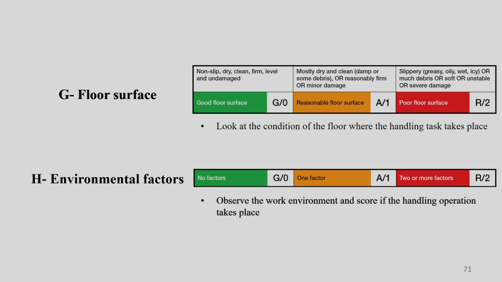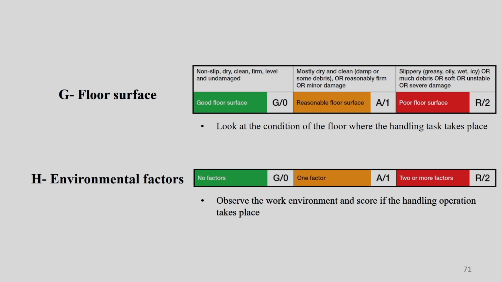Suppose you are in a construction area, a lot of debris is there, and standing on that they are doing some kind of load handling. Of course, if there is an imbalance you will fall with that load, right. For such cases it is a poor floor surface and you will get a value of 2 and the color is red.